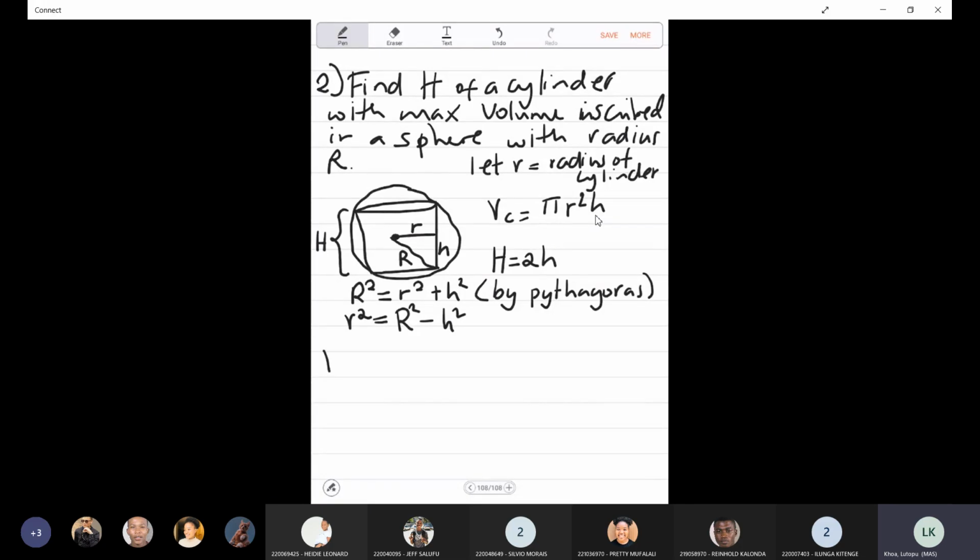I have that the volume of the cylinder is equal to pi times r squared. Now instead of using the little r, which is a variable, I use this formula here, which is in terms of a constant. So this gives me pi times (R squared minus h squared) times h. And now what I have over here has only one variable.